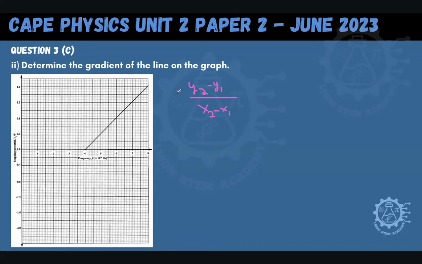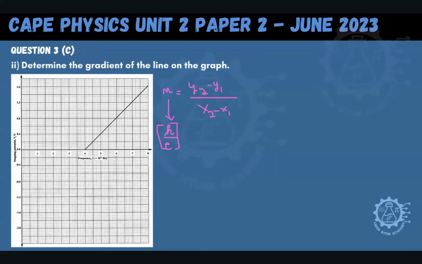So that's going to be your gradient. And we knew from earlier that this gradient here is also equal to what? We said that this gradient is equal to H over E. So let's just keep that in mind, that that's what it would be equivalent to.